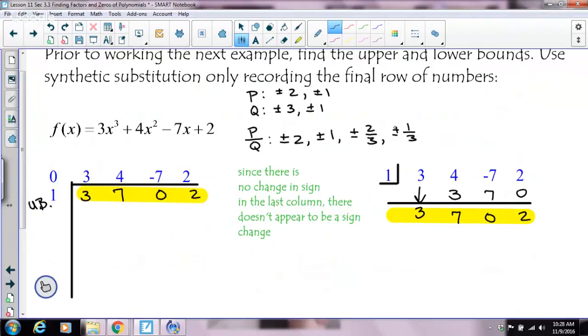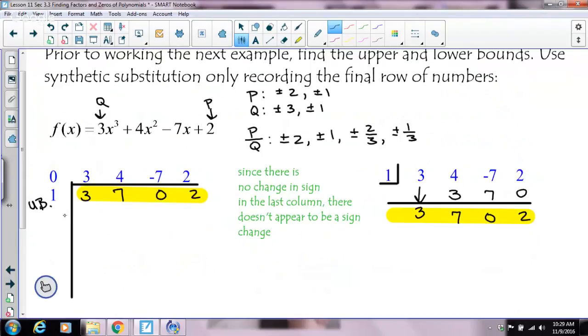What about 3? No 3, because this is P, this is Q, remember? It's backwards from what you would think. I don't know why, it's just how it is. P is the constant, okay?